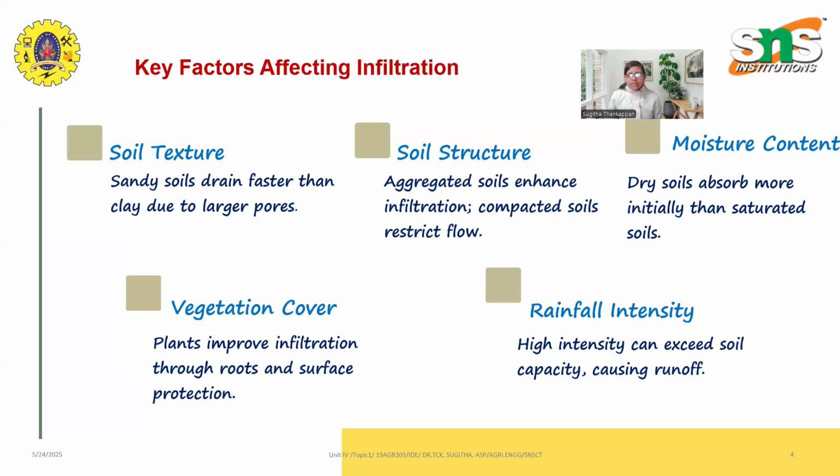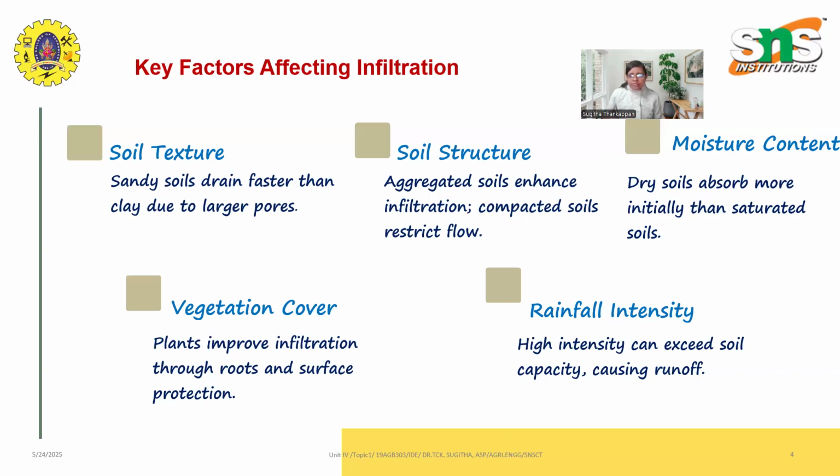Then vegetation cover. Plants have different patterns of root system with root hairs and they can improve the infiltration as well as the surface protection. That is why if you want to reduce the erosion and runoff, we have to plant more trees. In regions where deforestation has occurred, you can expect more episodes of this type of disaster.